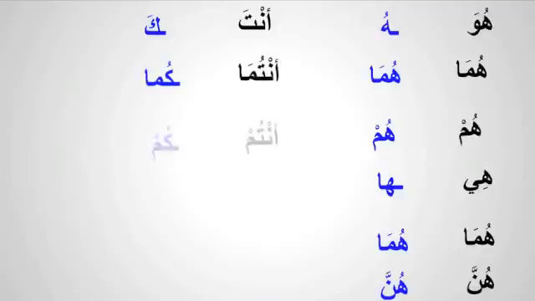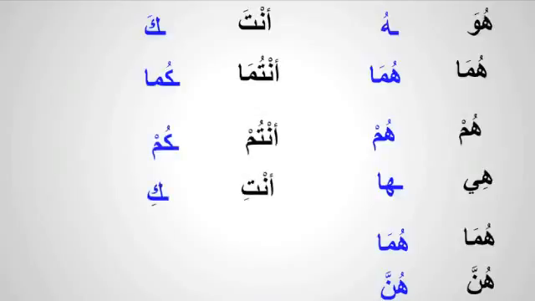Hum will remain hum. Hiya becomes ha. When it attaches to a word it becomes ha, feminine. Huma will remain huma. Hunna will remain hunna. The third person. Anta will become ka. This is where it changes. Anta will become ka. Antuma will become kuma. Antum will become kum.